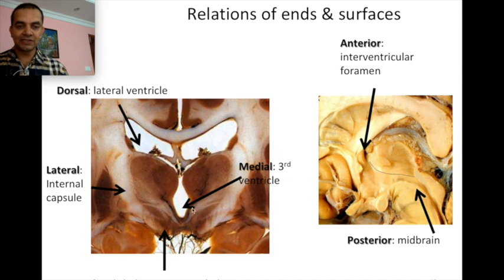On the medial surface we have third ventricle, and on the ventral surface we have subthalamus and hypothalamus, which are parts of the ventral part of diencephalon. Here again, this is the sagittal section where we can see the interventricular foramen and cerebral aqueduct. So we can say at the anterior end lies the interventricular foramen, and in the posterior end lies the cranial most part of midbrain.